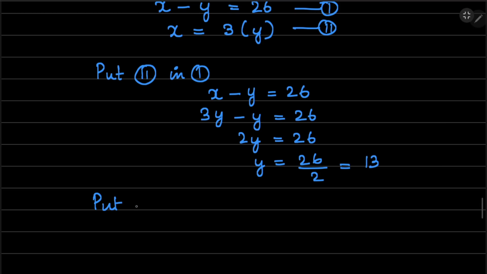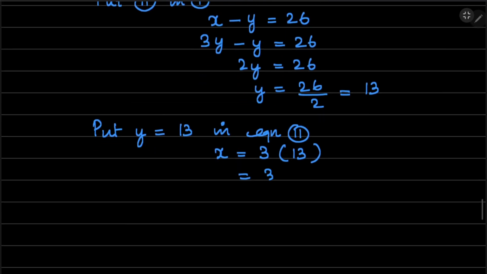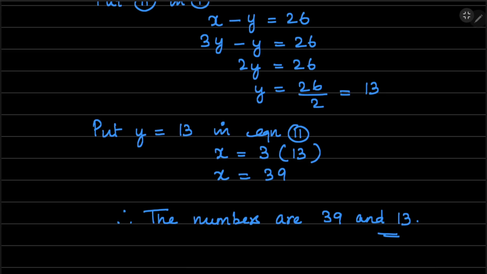Now put y equal to 13 in equation 2. x is equal to 3 times y. y is 13. What is 3 multiplied by 13? It is 39. Therefore, the numbers are 39 and 13 respectively.